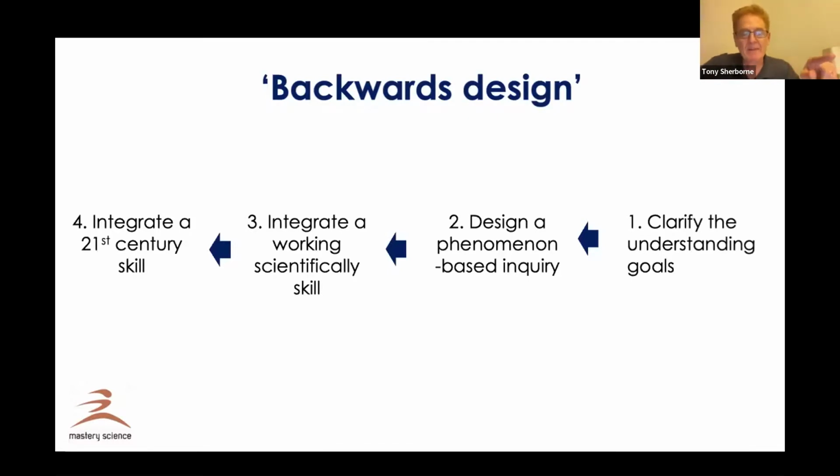And the final step will be to say, okay, now we've got the working scientifically in the content, we can imagine an activity that students would do. In that activity, they can practice one of these 21st century skills, whether it's teamwork, being creative, taking on a goal and monitoring it, whatever it is, we'll find one that really goes well. And there you have it. You've got the three dimensions baked into one learning sequence.